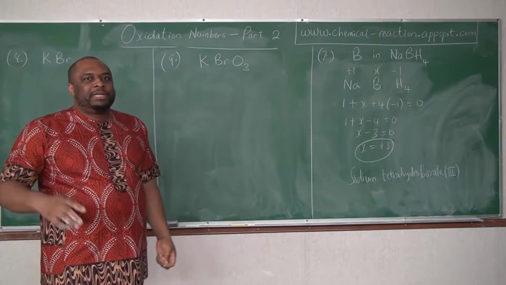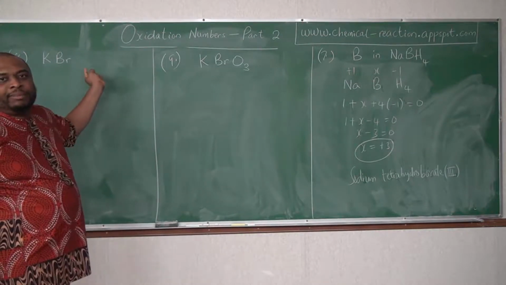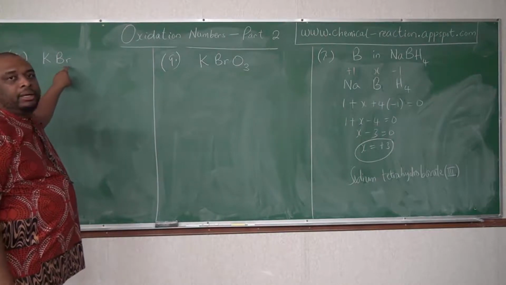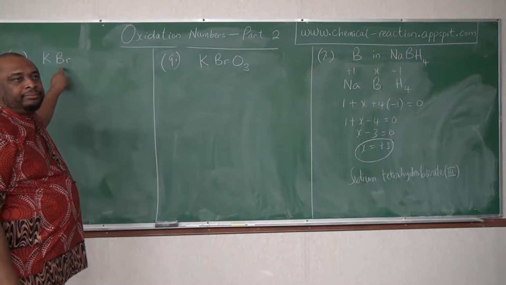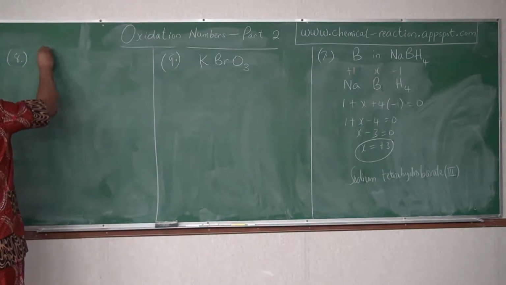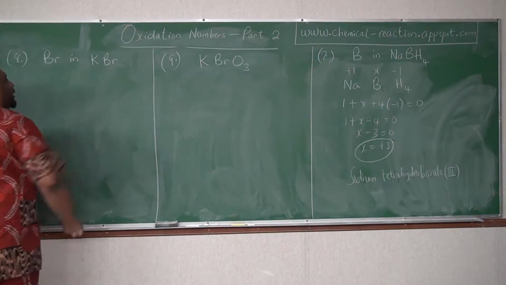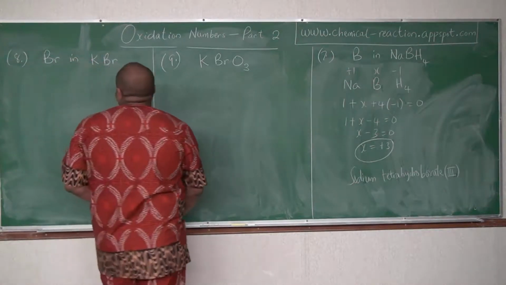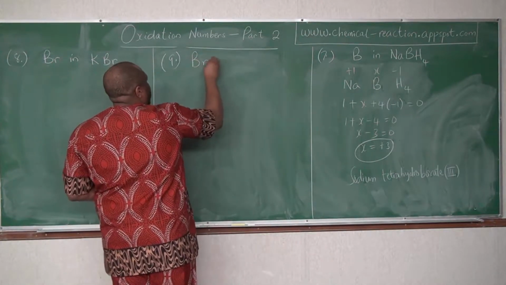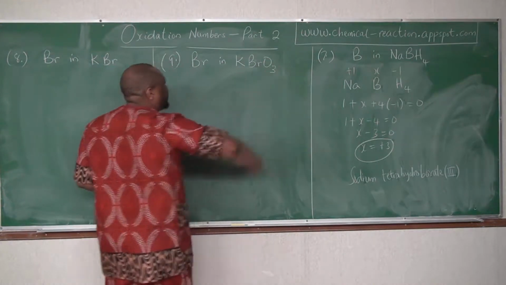Potassium bromide, potassium bromate. Okay, we're asked to find the oxidation number of bromine in potassium bromide, and then bromine in potassium bromate.